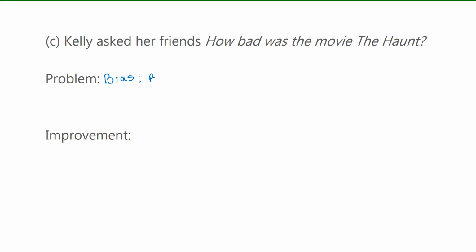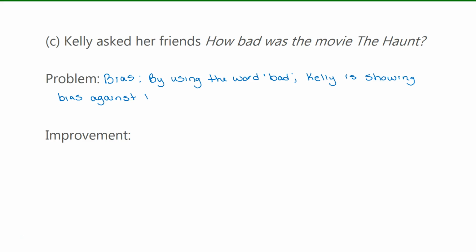So we'll say that by using the word bad in the question, Kelly is showing bias against the movie. And thus she is influencing people's responses.